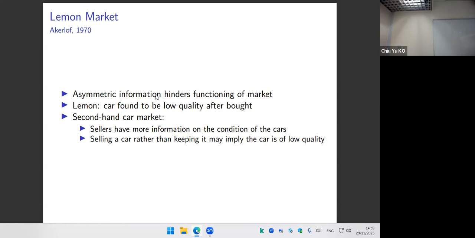Consider an IPO: the seller knows whether the company is good or bad, and as an investor, you don't know. If that's the case, then an IPO is very difficult. How to solve this problem we'll talk about, but that is the main issue here.